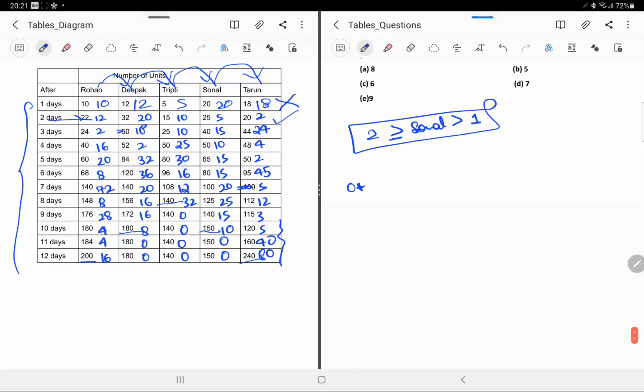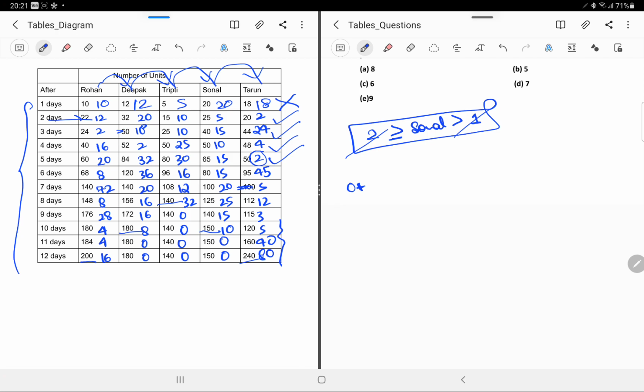For the third day, she is doing more work than 2 persons, so day 3 can be counted. On the fourth day, Sonal is doing more work than only 2 persons, so this can be counted. On day 5, she is doing work greater than 1 person, so the first condition is satisfied, and not more than 2, so this is also satisfied.